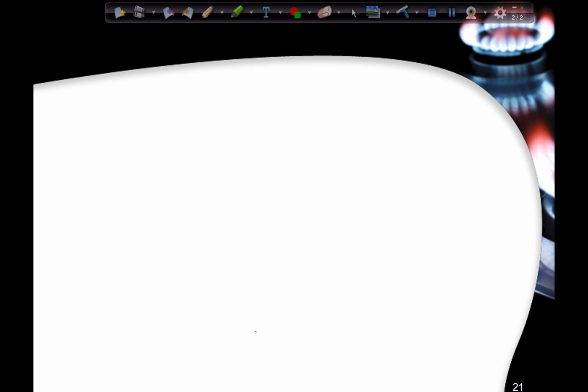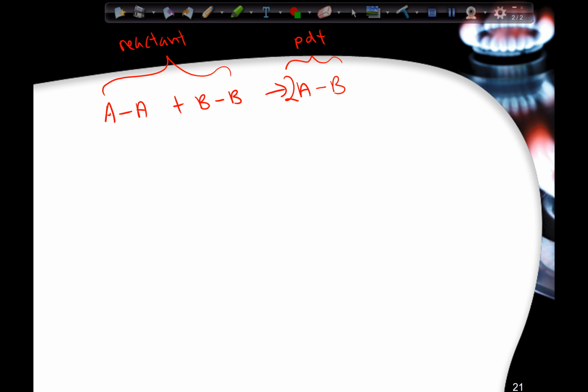So for example, I've got a reaction A2 plus B2 gives you 2AB, a balanced equation. Just to recap, this is your product, and this over here is your reactant.